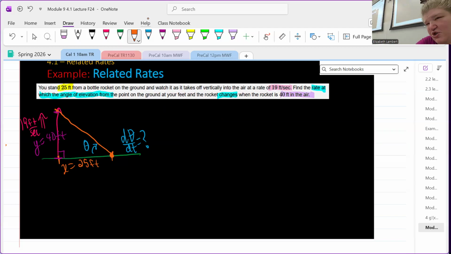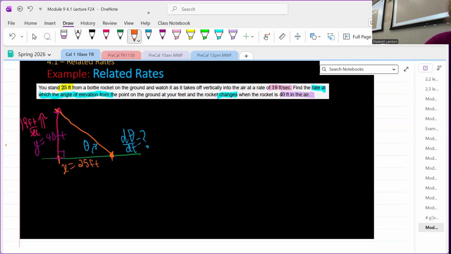So when we have right triangles, law of sines works for any triangle, but when we're dealing with right triangles, we can actually just straight up use our trig functions. So when I'm looking at a right triangle and I have my theta labeled down here on the bottom right, what would I call y in relation to theta?